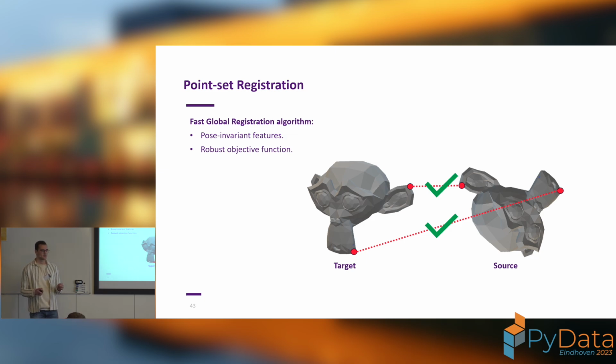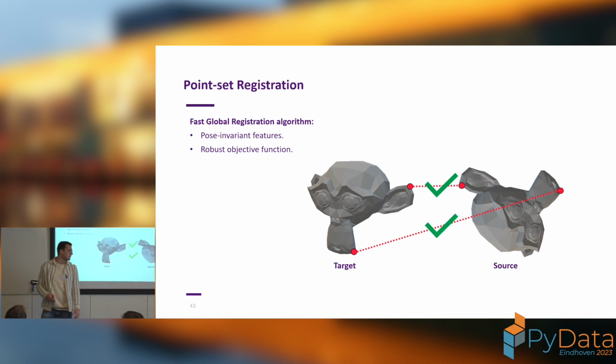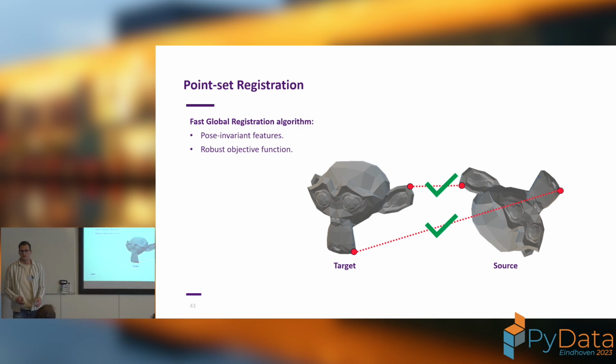So you look at specific features that are always the same, despite the orientation of your points. By looking at neighboring points, you get a specific feature, and it doesn't matter if the object is rotated, because you would get the same value in that position. In that way, you will be able to match these correspondences, and if you match them correctly, you will be able to align the objects.